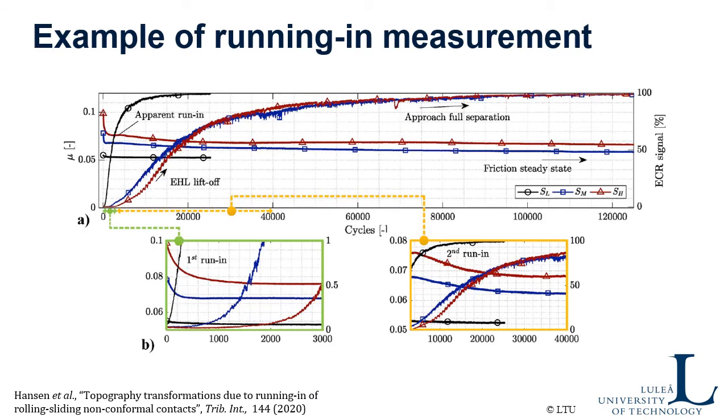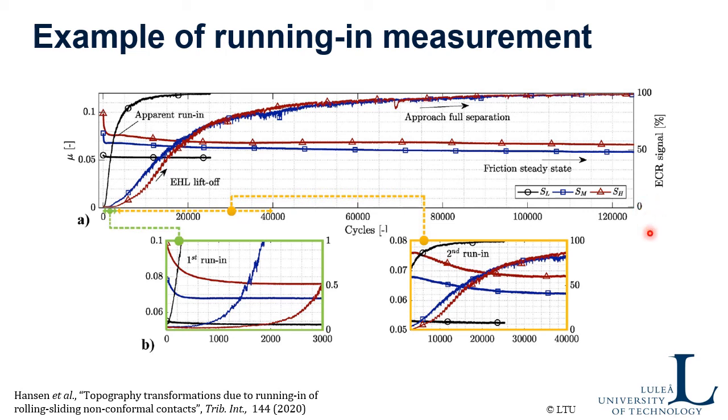This is an example of a running in. So it's a ball on disc experiment. It's made by using electric contact resistance, and with that method you can estimate if you have a very much boundary lubricated contact, very much metallic contact, then this number is 0.